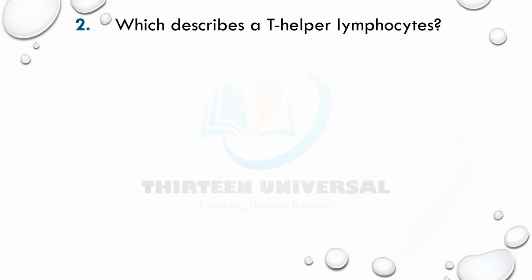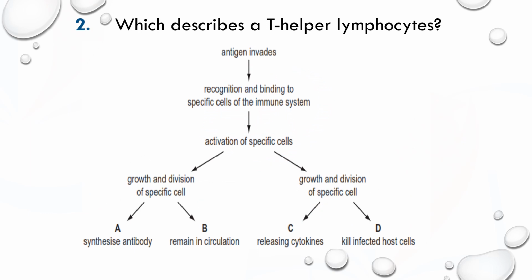Number 2: which describes a T helper lymphocyte? Pause the video and check which one. Synthesis of antibody? No, the one that synthesizes antibody is the plasma cells of B lymphocytes. Remain in circulation? Well, all of them circulate. Releases cytokines? Exactly, that is T helper. Kills infected host cells?